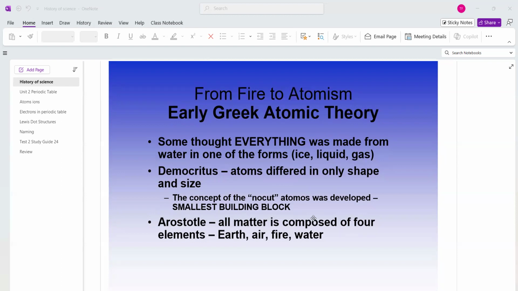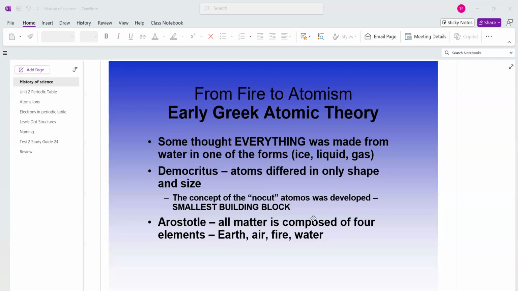But the other school of thought is a guy named Democritus. He believed that there is small bits that determine what something macro is. Stapler. Okay, if I cut this stapler in half, is it still a stapler? Probably not, but it kind of looks like one, depending how you cut it.